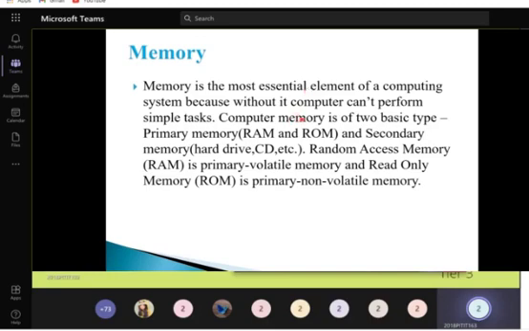Normally computer memory is of two basic types: one is primary memory, that is our RAM and ROM, and next is our secondary memory, that is hard drive, CD, etc. Random access memory, RAM, is a primary volatile memory, and read-only memory, ROM, is a primary non-volatile memory. So that is about memory.